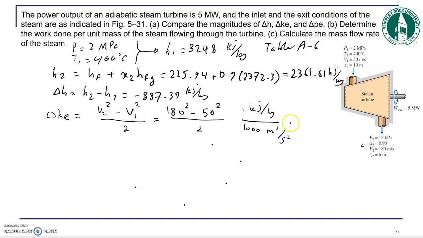It's pretty straightforward, 14.95 kilojoule per kilogram.